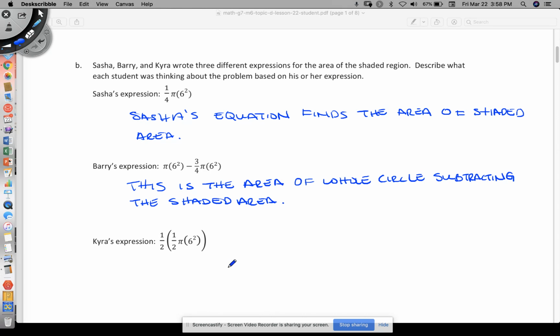Now Kyra has half times the quantity half pi radius squared. Wow, what did she do here? So I'm going to say she took half of the area, so half of the circle, so half of the area of the whole circle.